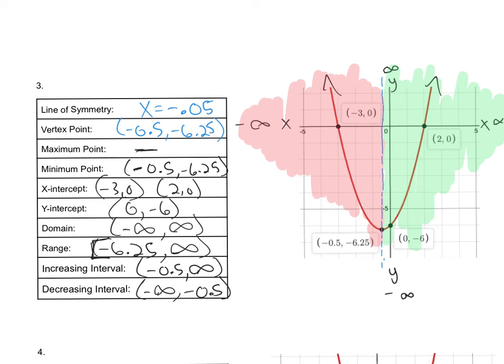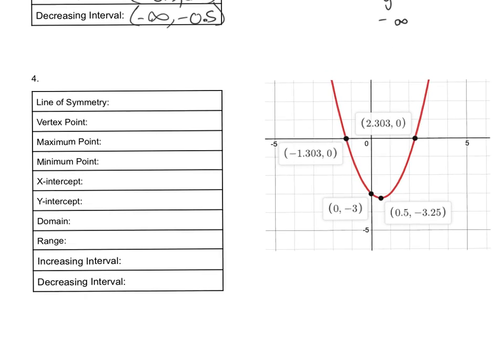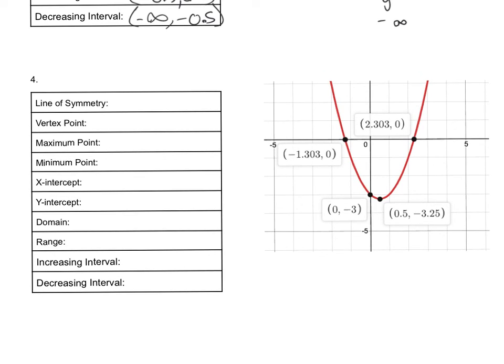Let's take a look at this last example here. So look at the fourth example. I'm going to label my x and y axis. Put arrows on the ends of this parabola.